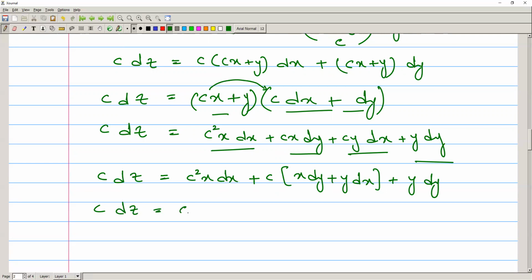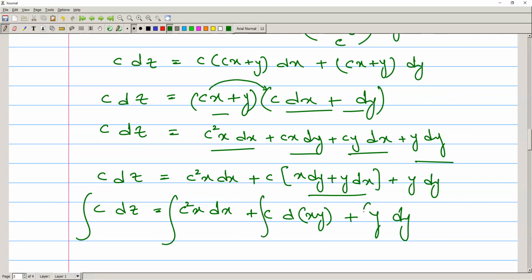Now c squared x dx plus c times, this is nothing but d of xy. Now all the terms are integrable, so we can integrate it easily.